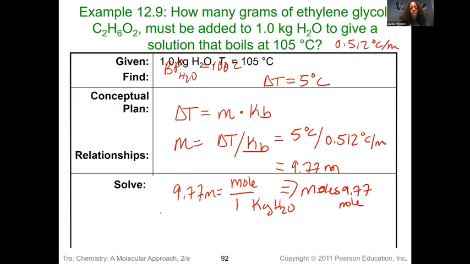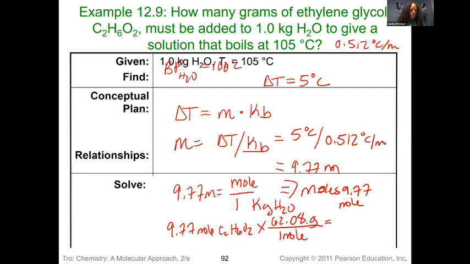So now if we wanted to get the gram amount, we would simply take 9.77 moles of C2H6O2 and multiply by the molar mass. So 12.01 times 2, plus 1.01 times 6, plus 16 times 2 for the oxygen. That gets us 62.08 grams to 1 mole.